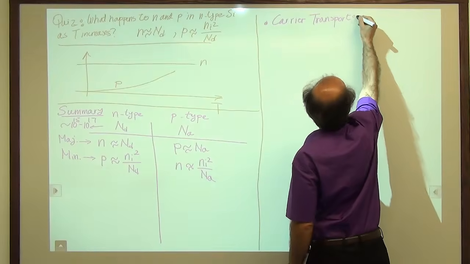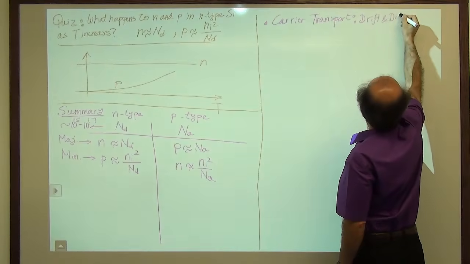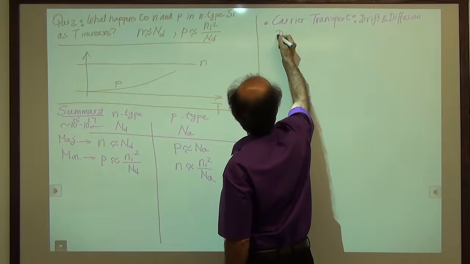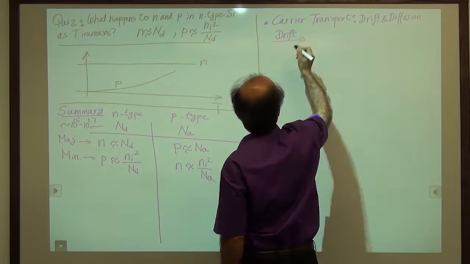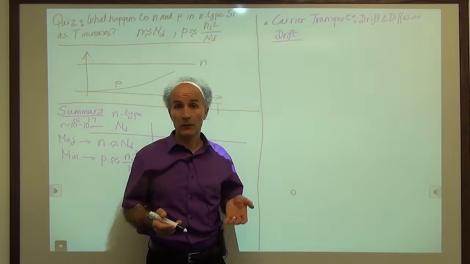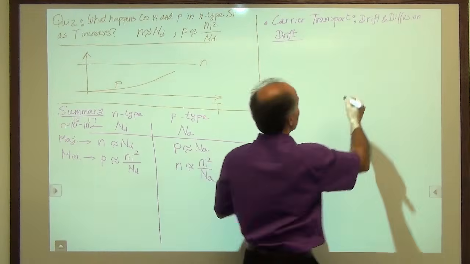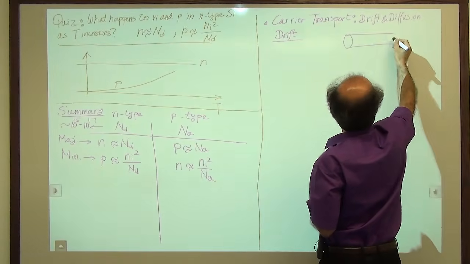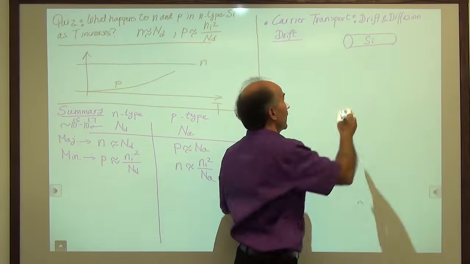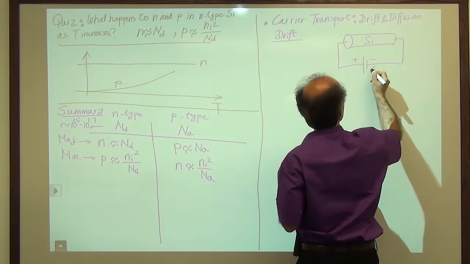So we have drift and diffusion. So we will focus on drift. Drift is actually a very familiar effect to us because it comes from applying a voltage or applying an electric field to the material. So if you take a piece of silicon, here's a piece of silicon, doped or undoped, doesn't matter too much, and we apply a battery to it, call it VB.